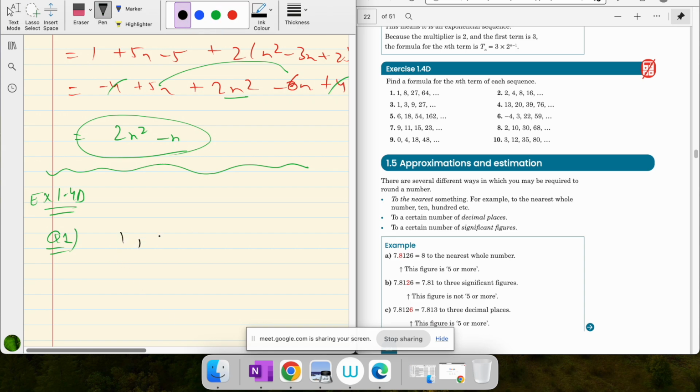This is 1, 8, 27, 64. Find the formula for the nth term. So what do you think this sequence is? Sometimes it's easy if you have the term numbers with you. This is the first term, this is second, this is third, this is fourth. So what's happening to the term numbers, and we are getting these results.